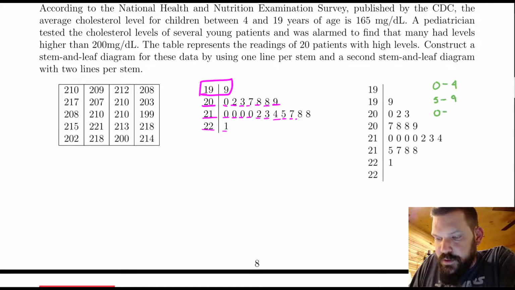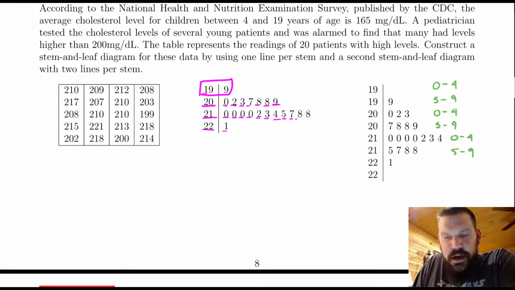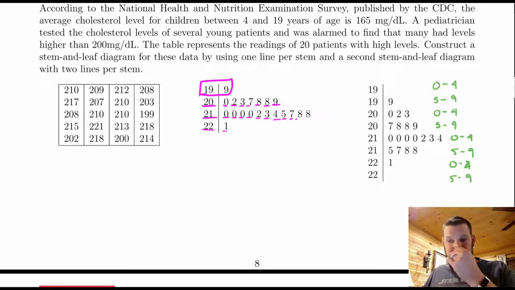Then we get down to the 200s, and we go 0 to 4, so that's 200 to 204. Our second one is 205 to 209. Then we have 210 to 214, 215 to 219, and then 220 to 224, 225 to 229.